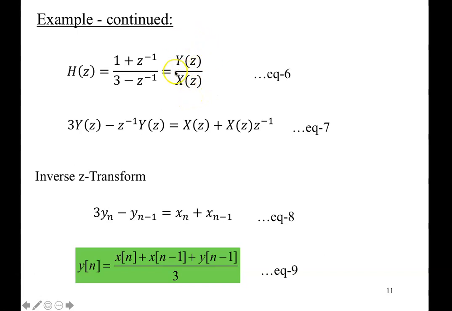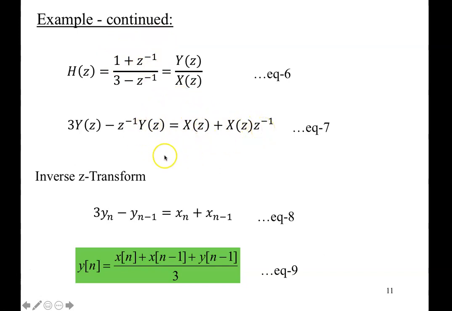So it's Y(z) over X(z). Do a cross multiplication. Y(z) multiplies into the denominator terms of the transfer function, which gives me 3 minus z^-1 times Y(z), and that equals the input multiplied into the numerator terms, which gives me X(z) plus X(z) z^-1.